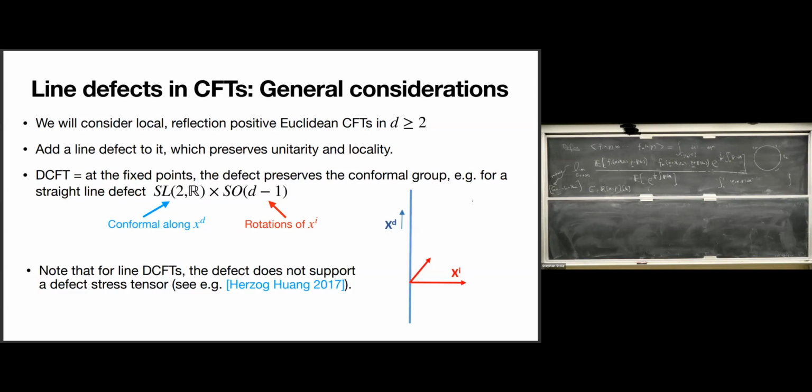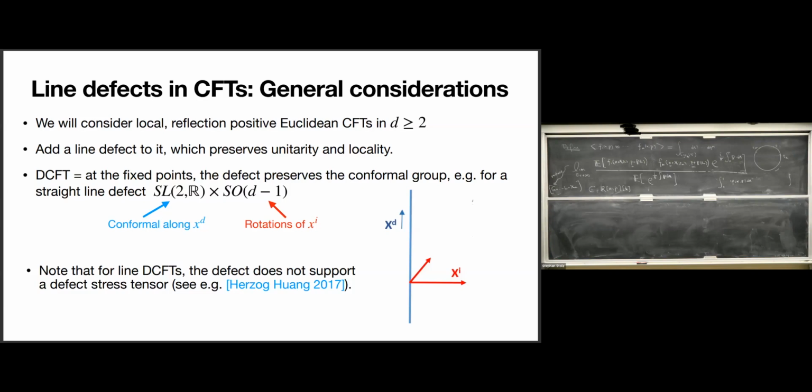So for example, for a straight line defect in this direction, with xi the coordinates orthogonal to the line, when the system is at the conformal fixed point of a DCFT, then you expect to have SL(2,R) times SO(D-1) invariance, where SL(2,R) is the conformal transformations along the line, and SO(D-1) is rotations in orthogonal directions.